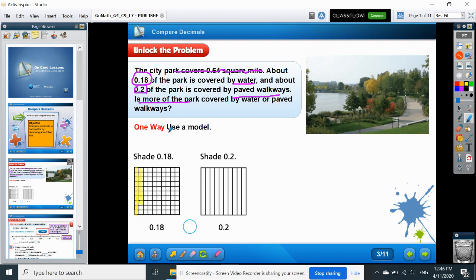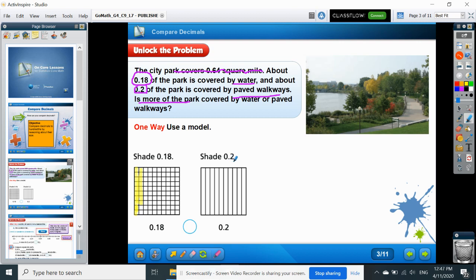Now, we know that this model represents 18 hundredths, right? Because it has 18 small squares. We also know from the problem that 2/10 of the park is covered by paved walkways. So now we need to go to the model and shade to show the 2/10.